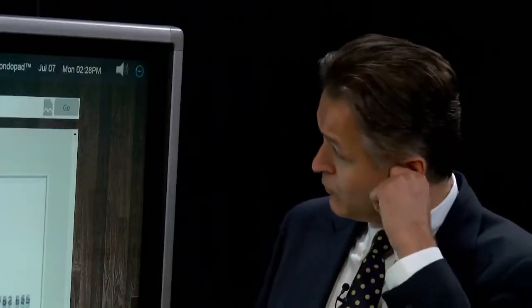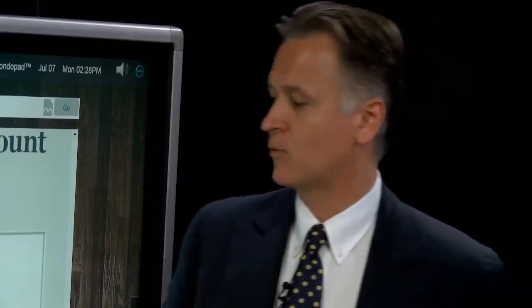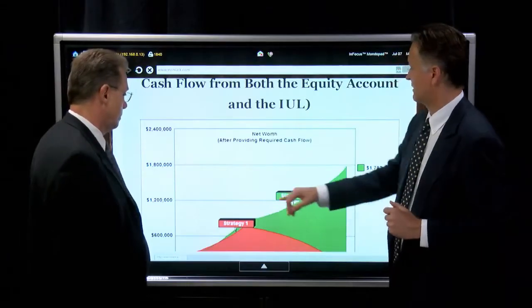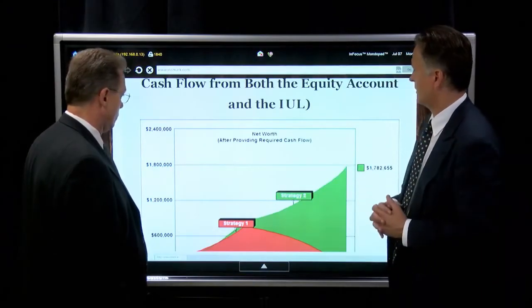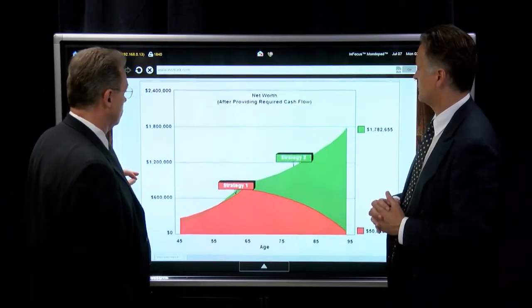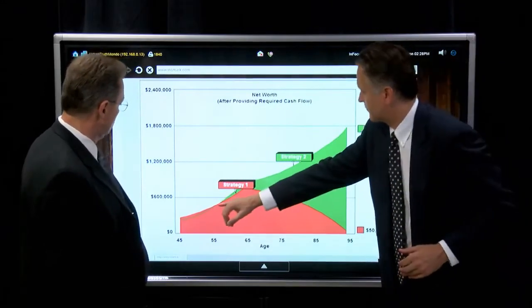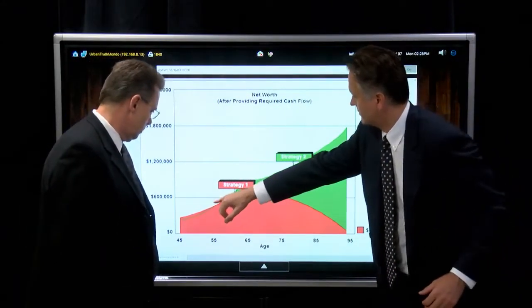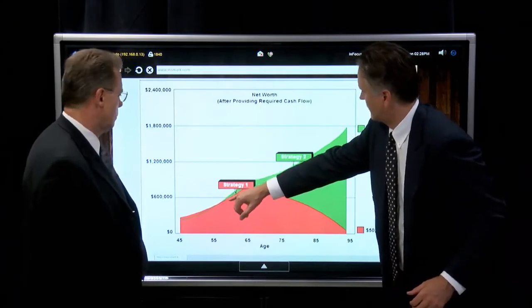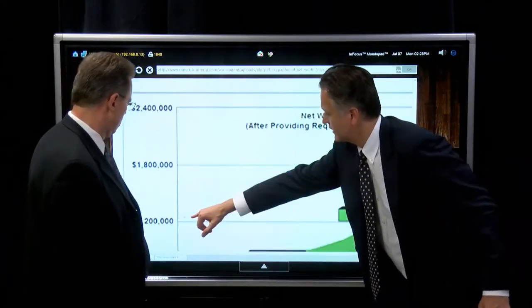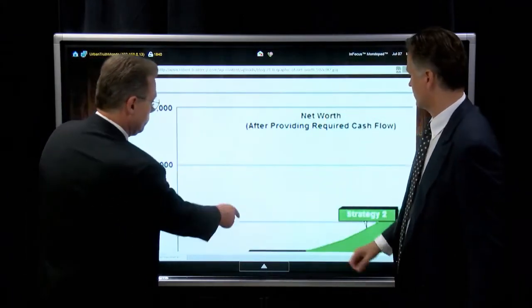Here's the really interesting thing. This is the net worth of the equity fund against the net worth of the cash value policy. You'll see that in the first 10, 15, 20 years, they're pretty close. The life insurance policy is a little bit less because of the charges in the early years.